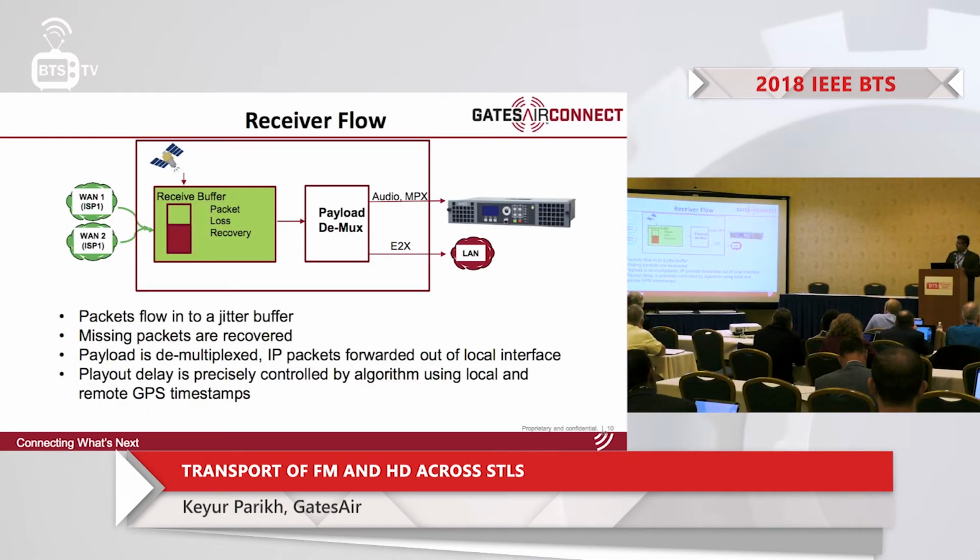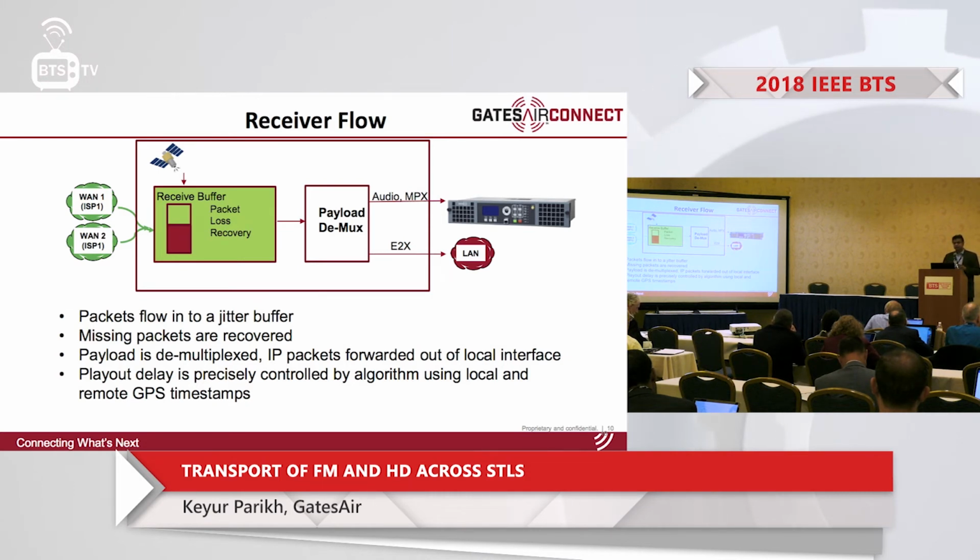So this is the internal receiver data flow diagram. Packets arrive over multiple network interfaces into the same receive buffer, where the duplicate packets are discarded, and any packets that are missing are recovered using forward error correction. Now, the playout process is controlled by the user-programmed delay.